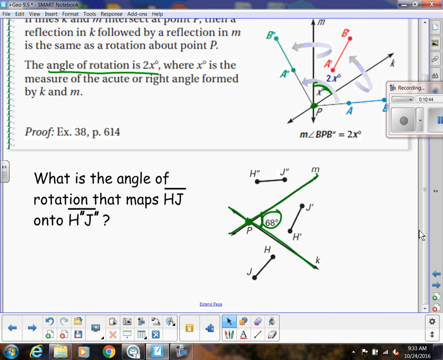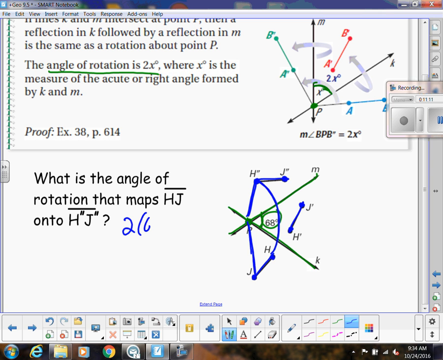So if I take a segment HJ, reflect it over K first, and then take that reflection and reflect it over M, then if I go all the way from H to H double prime, that angle is going to be twice what this angle is. So that's going to be 2 times 68, which will be 136.